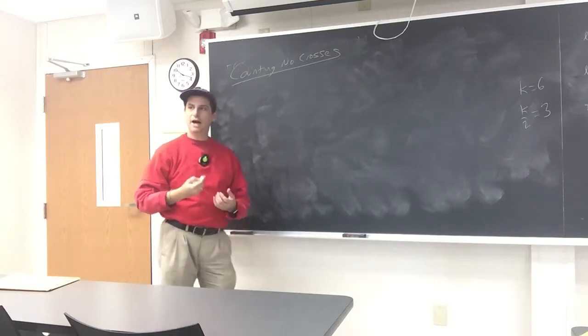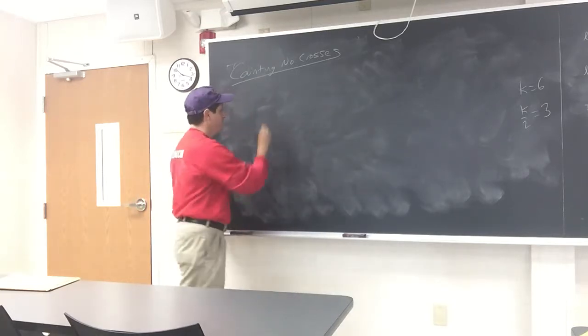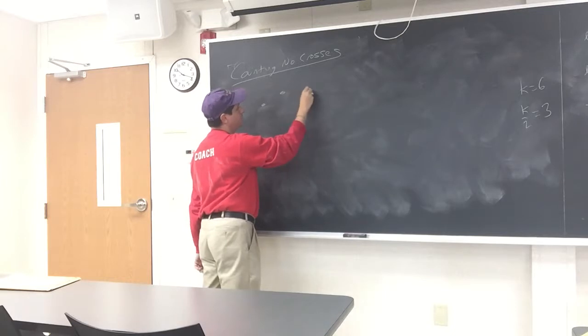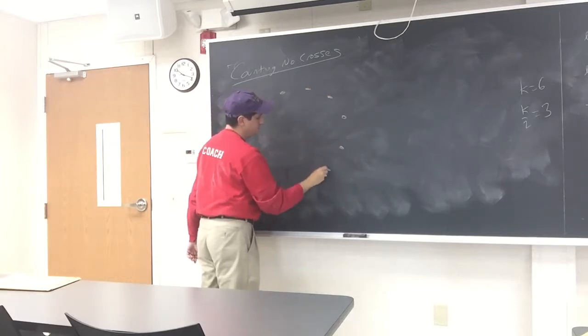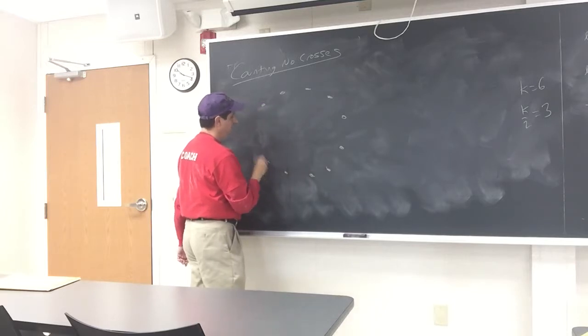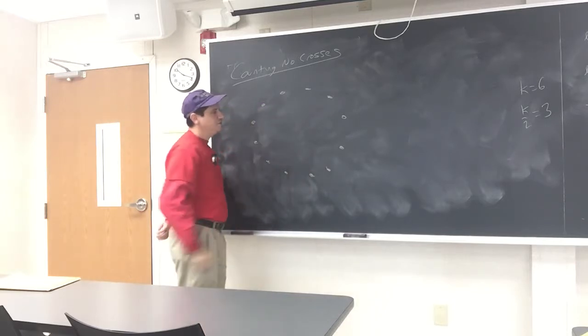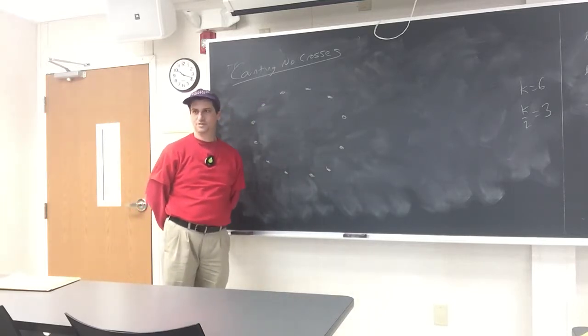So I want to count how many ways there are to have things without crossings. So we'll have an even number of objects. 1, 2, 3, 4, 5, 6, 7, 8, 9, 10, 11, 12. And I have to match things in pairs. How many ways are there to match 12 objects in pairs without crossings?